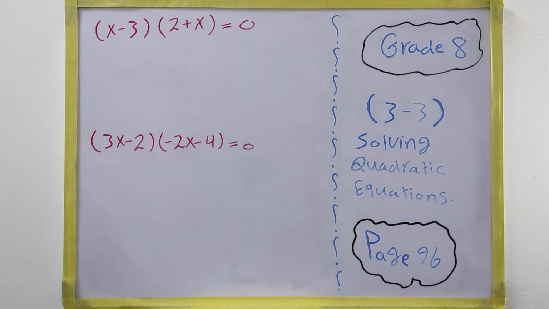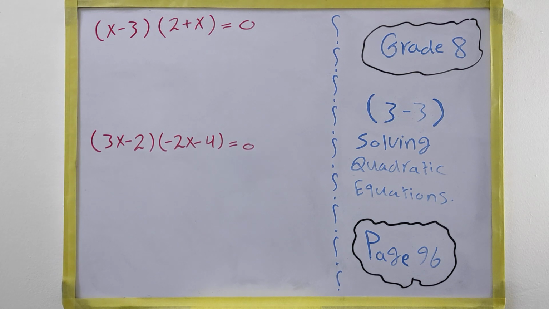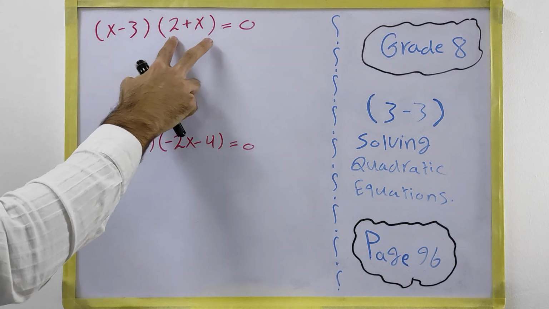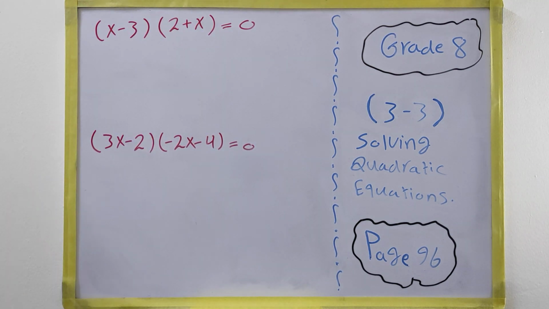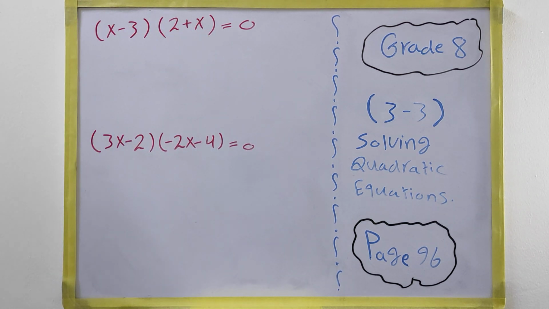In this case, because a bracket multiplied by a bracket equals 0, we always know that whenever we multiply two things by each other, this bracket multiplied by this bracket equals 0, it means the result of this bracket equals 0, or this one equals 0. Whenever you have two things multiplied by each other, at least one of them must be 0.